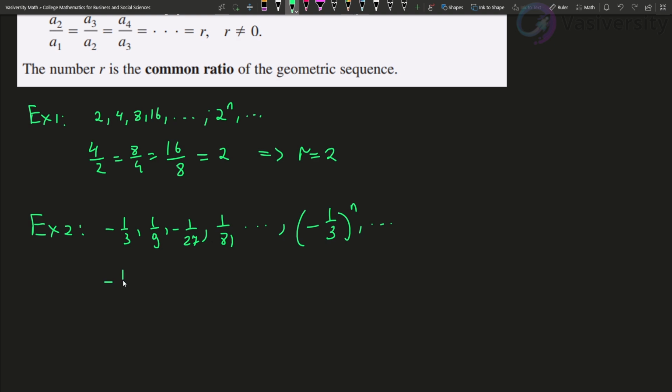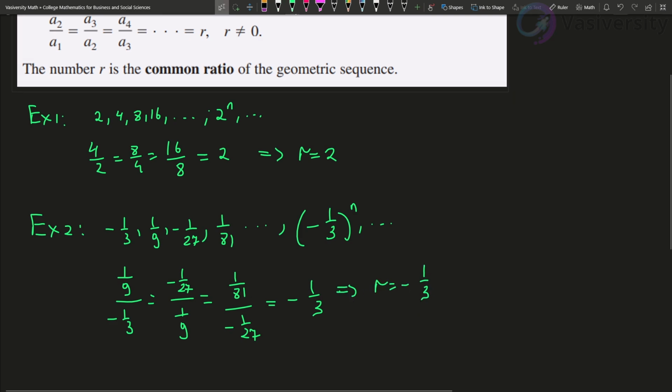So 1/9 over negative 1/3 is equal to negative 1/27 over 1/9, is equal to 1/81 over negative 1/27, and that's equal to negative 1/3. That's going to be our r. So r is equal to negative 1/3. Okay, so those are the geometric sequences.